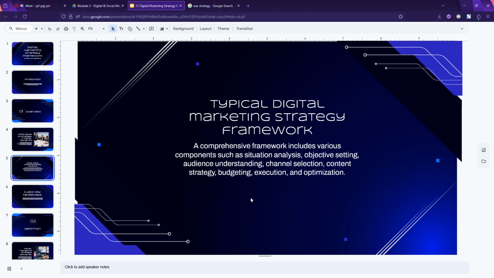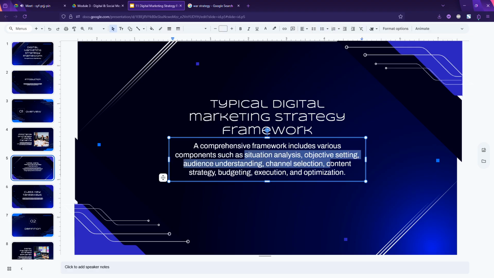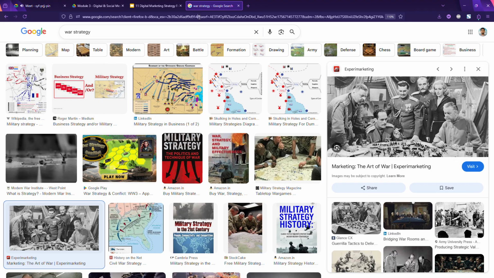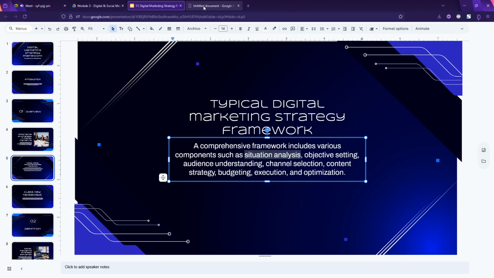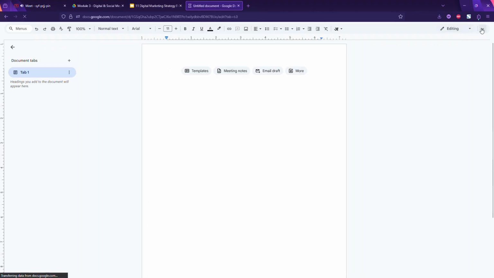So when we are creating a strategy, basically we will have a document where we have these certain steps. What we will have is the situation analysis in terms of, say, a brand or a seller.